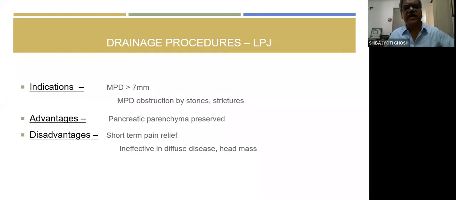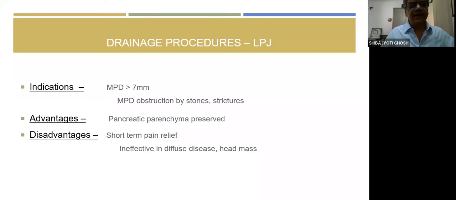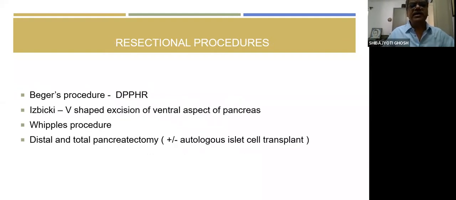However, on average, 5 millimeter or more can be done for drainage operations. The advantage is that the pancreatic parenchyma is preserved, and the disadvantages are short-term pain relief, ineffectiveness in diffuse disease, or in head mass.